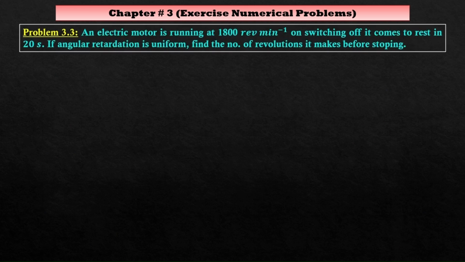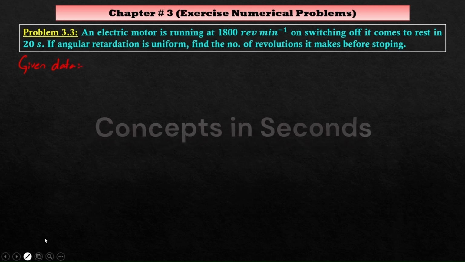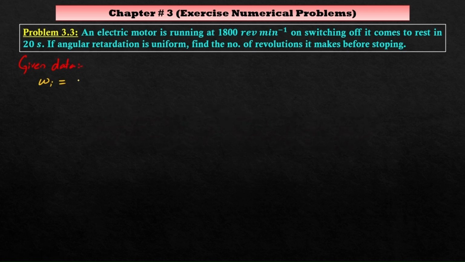Numerical number 3.3. An electric motor is running at 1800 revolution per minute. On switching off, it comes to rest in 20 seconds. If angular retardation is uniform, find the number of revolution it makes before stopping. So the given data is omega i, initial angular velocity, is equal to 1800 revolution per minute, which is converted into revolution per second.